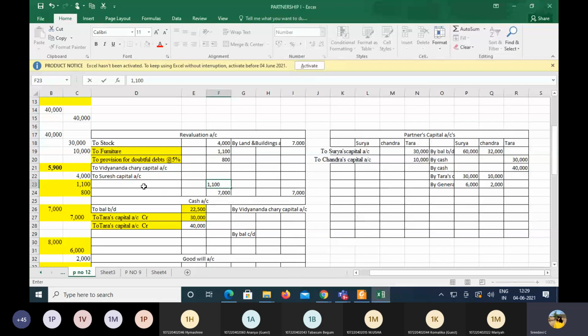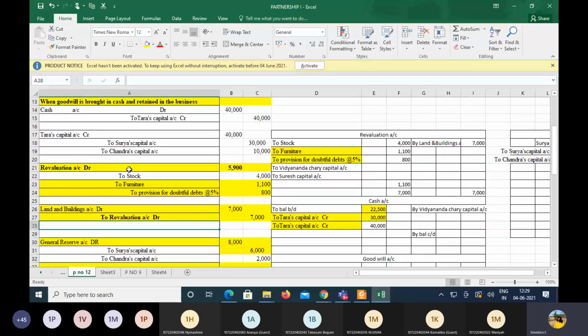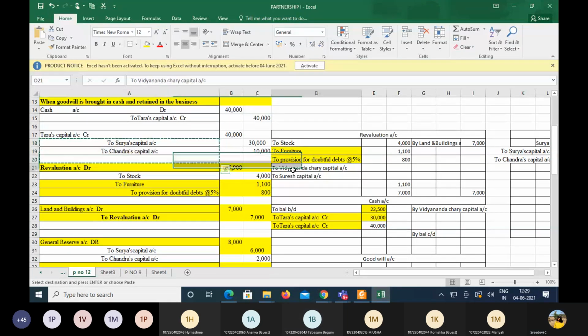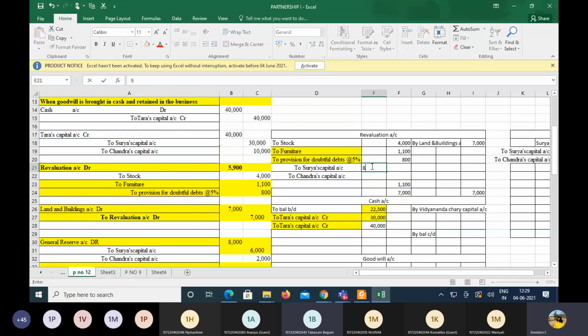They have not mentioned the ratio here, so if this is to be shared in the ratio of 3:1, tell me how much each partner is going to have as his share in the revaluation. 825 and 275.